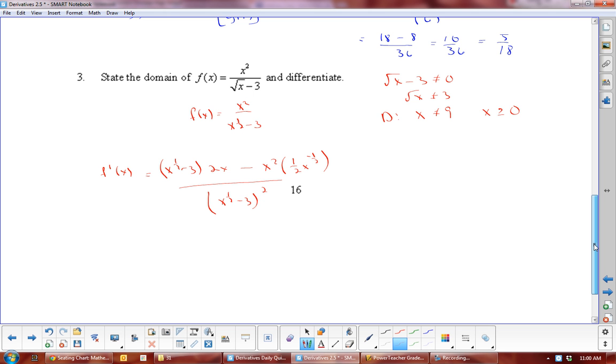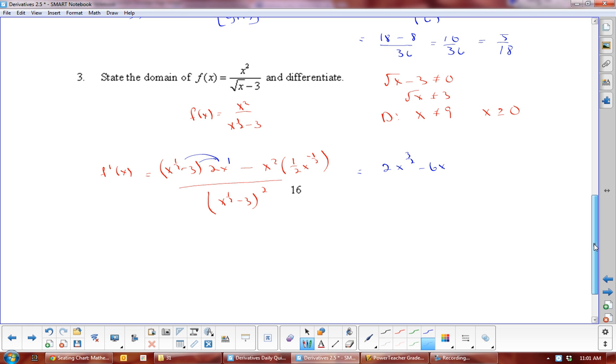Okay, now this one we're just going to keep going and see if we can do any factoring, or simplifying I should say. We can multiply this in. So that would be 2x to the 2 over 2 plus 1 over 2, 3 over 2, and then 2x times negative 3 would be negative 6x.